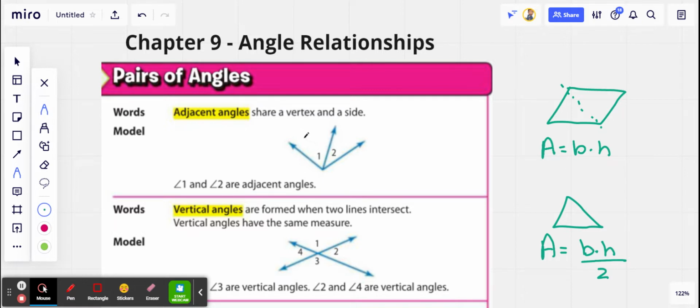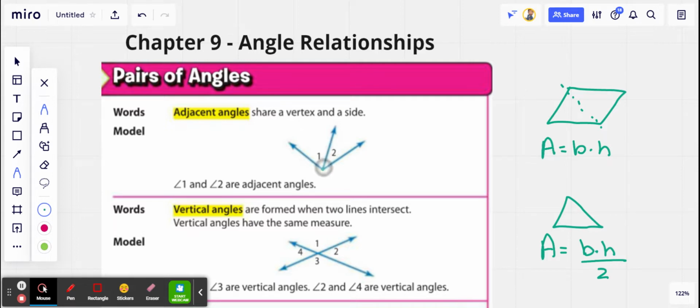So about angles. We're getting into geometry now, and let's find out what our first vocabulary word is. It's adjacent angles. These are pairs of angles. Adjacent angles share a vertex and a side. So 1 and 2 are adjacent angles.